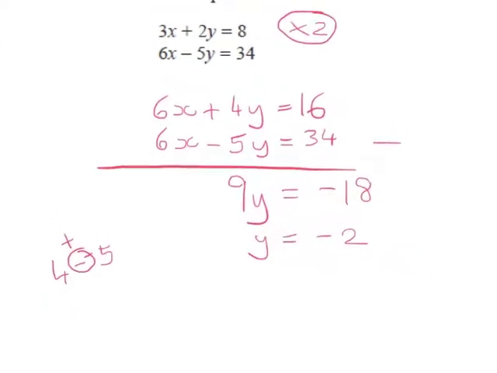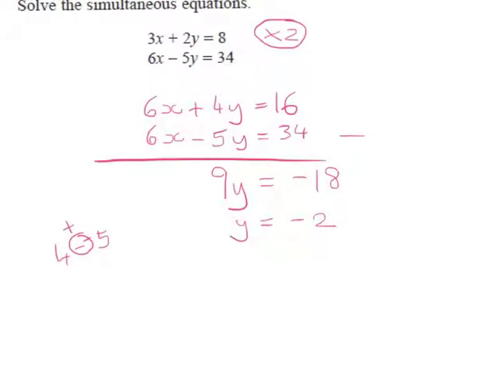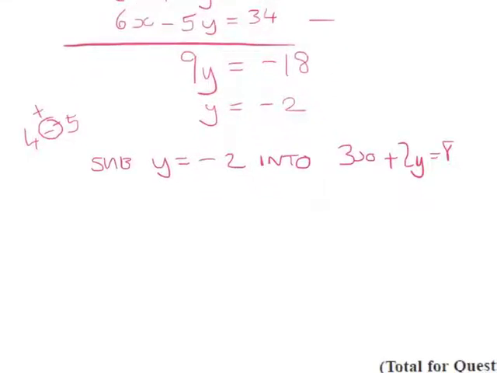Now to finish this question off, we need to put that negative 2 into one of the original equations. So if we take one of the smaller numbers, we're going to sub y equals negative 2 into 3x plus 2y equals 8. Right, so that will be 3x plus 2 times the bit we're substituting in, the negative 2, equals 8.